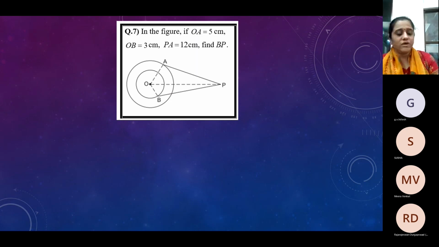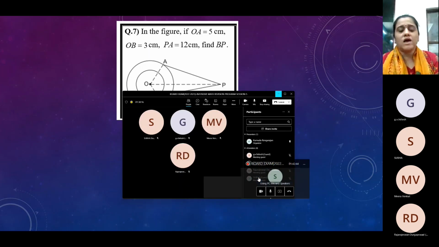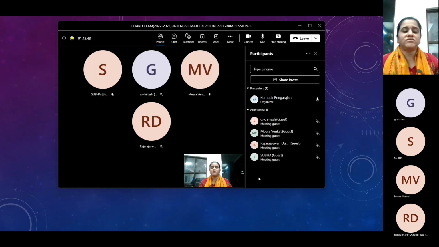Okay, so at this point, I would like to discuss another theorem with you, which is called the alternate segment theorem. Have you learned this in school? All of you have learned the chapter on circles in school, right? Online students, have you learned circles at school?